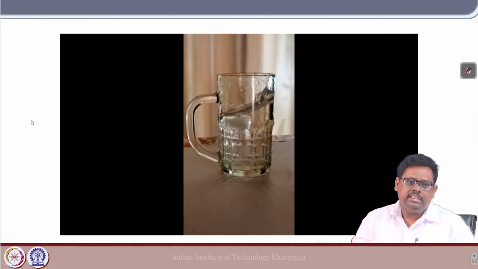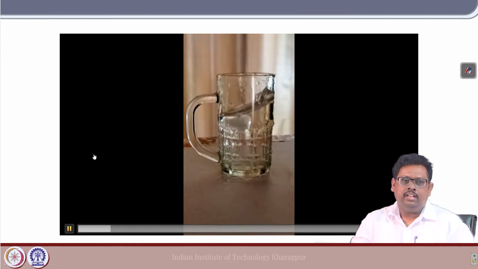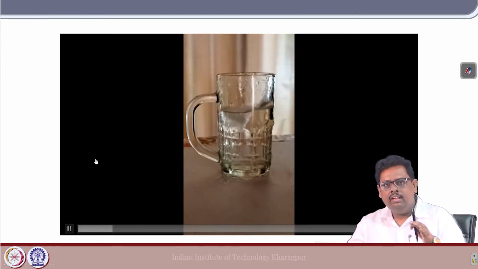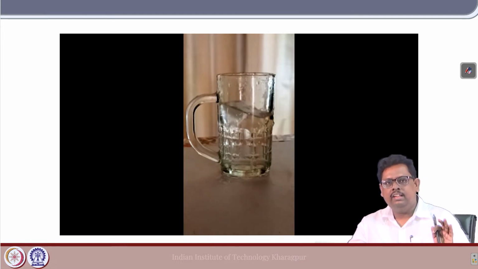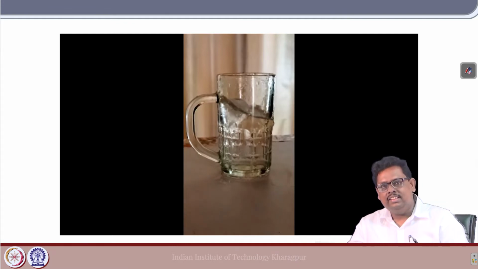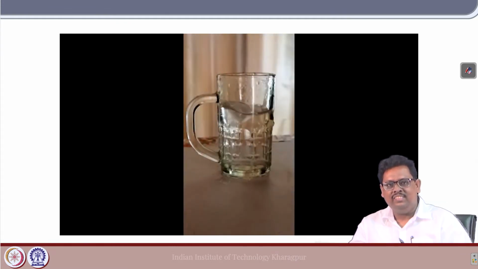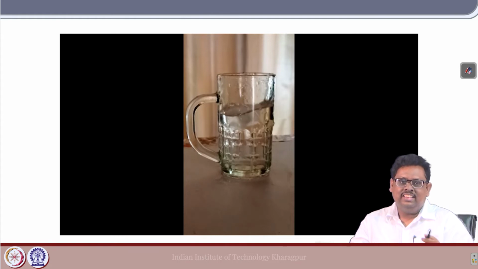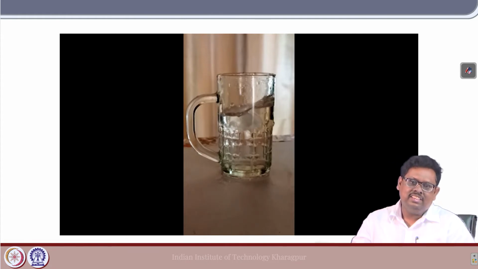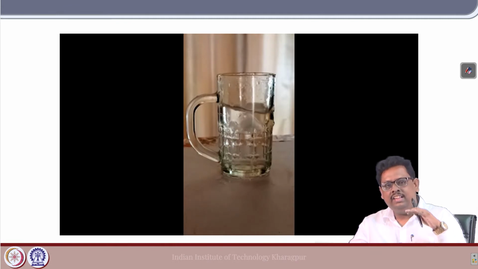Now, you can see here that even after quite some time it is still oscillating. Since the ice cube is slowly coming out onto the free surface, the ice also starts oscillating with respect to this body, but you can see it is very slowly dying down.